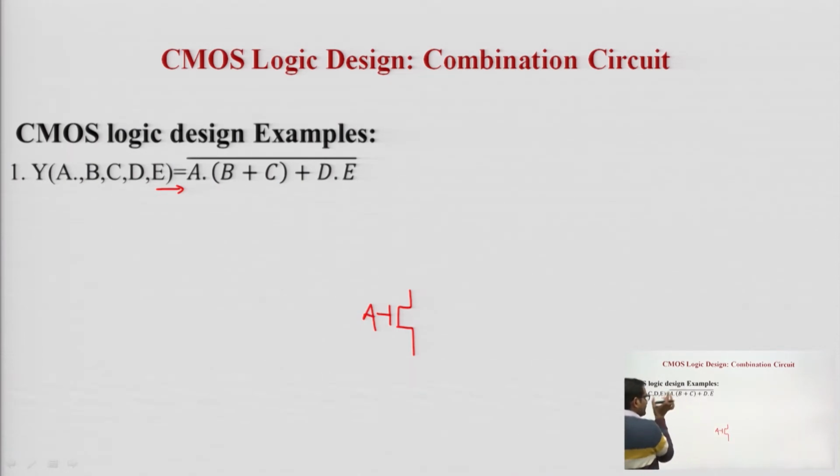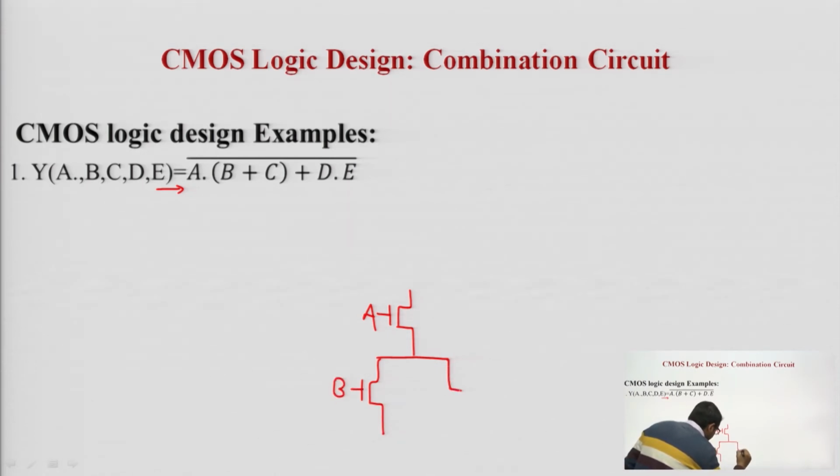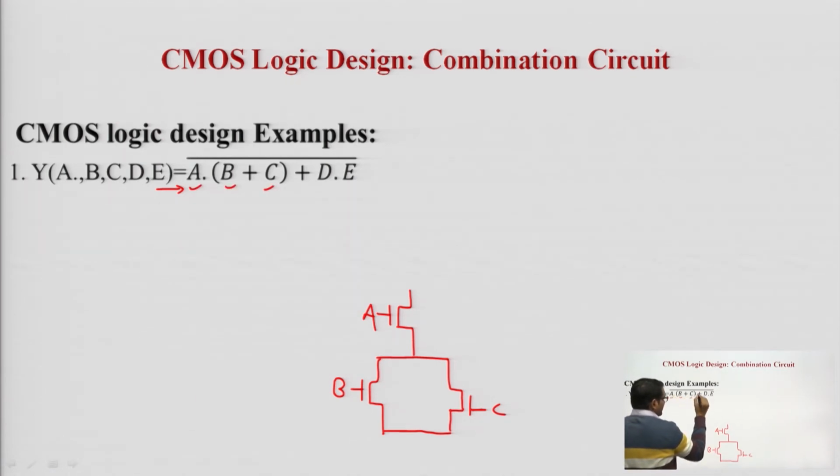We find input A. Then dot: for a dot operation, NMOS are connected in series. So for the dot operation, B plus C. B plus C is connected in series with A, but B plus C follows the OR operation, so B and C are connected in parallel. This is B. This will be C. A, B, C. Then we find the plus operation.